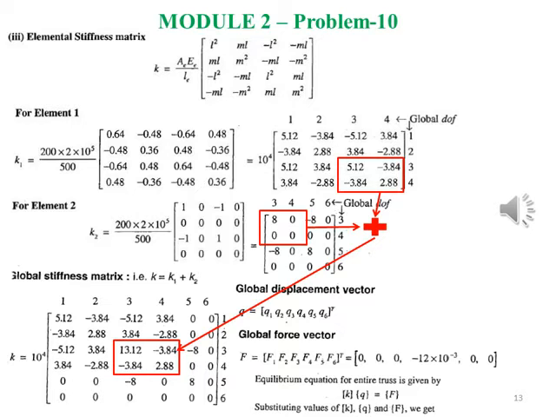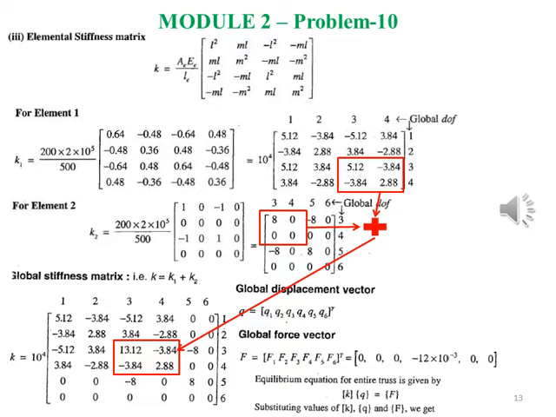So K1 value we will get, similarly K2 also we will get. For K1 we can observe that we have 1, 2, 3 and 4 as the global degrees of freedom, and for element 2 we have 3, 4, 5 and 6.